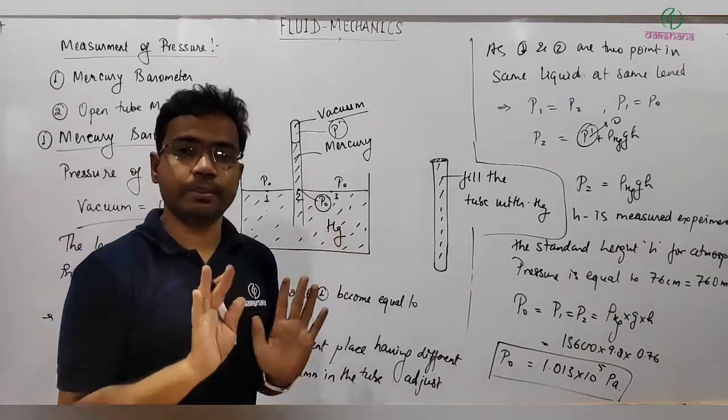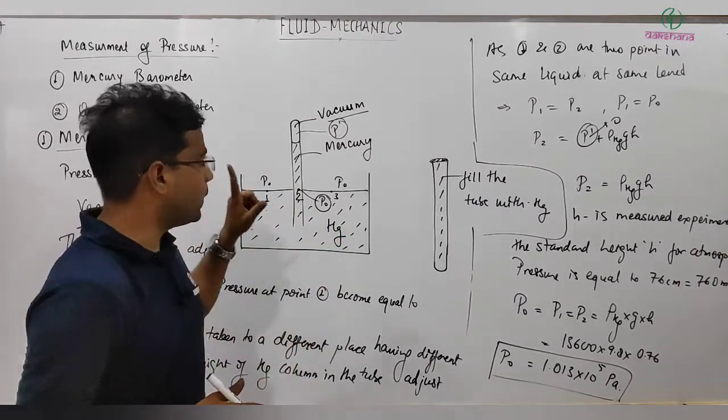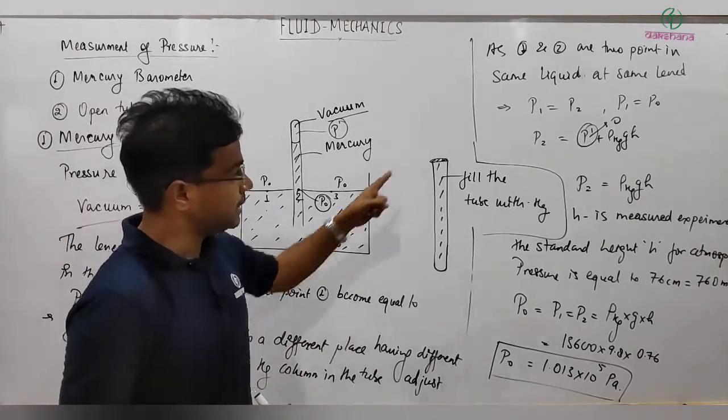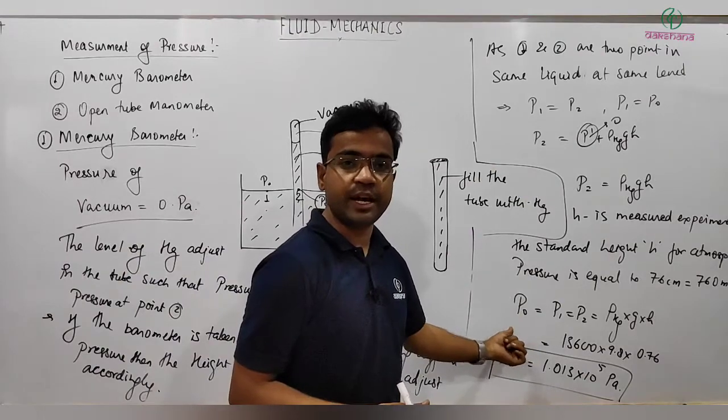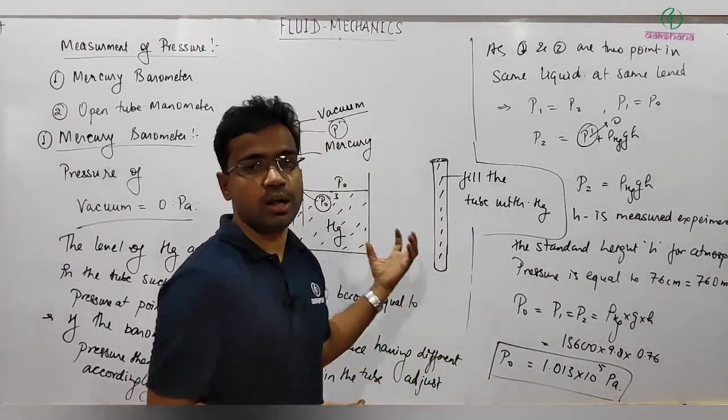So that's how we get the value of atmospheric pressure, and I hope you are clear on what a mercury barometer is, how exactly it works, the principle behind it, the mechanism and assembling.